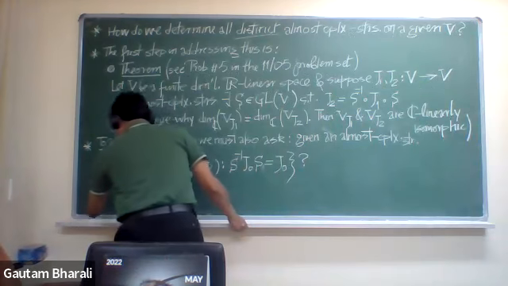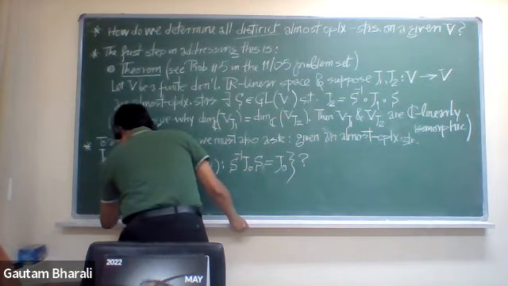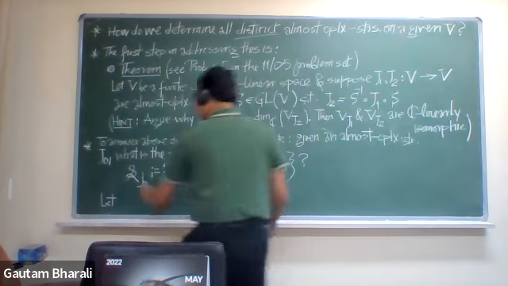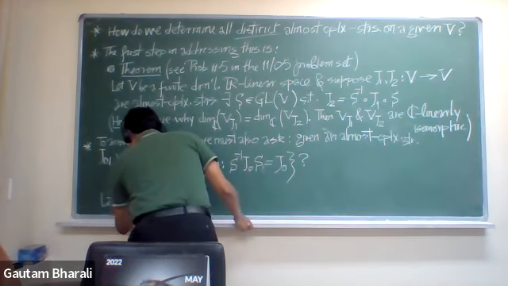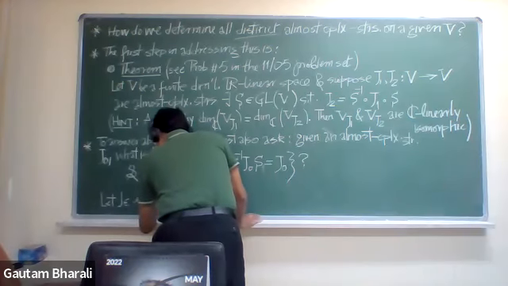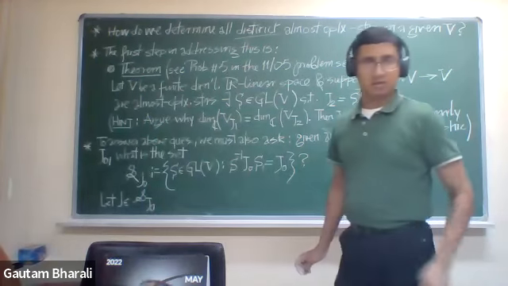So what I would say is, consider a J that belongs to S sub J naught. Okay.